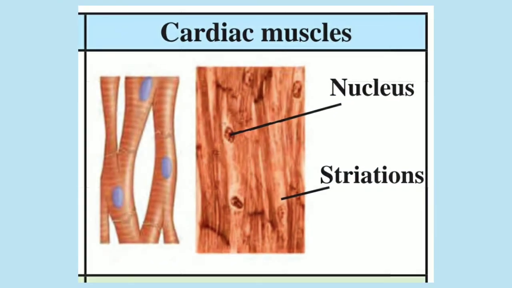The third type is cardiac muscles. These muscle cells are cylindrical, uninucleate and branched. Dark and light bands are present. The heart is made of these muscles. Their movements are not under the control of our will.